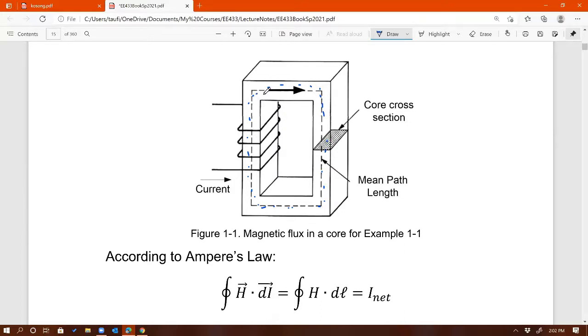There's an infinite number of them. And so for this kind of situation, the way to find the intensity is by taking the mean path length, kind of the average length of the loop, by taking the average of the width and the length of the core, okay? So something like this. The one that I drew as a dashed line represents the mean path length of this problem, okay?